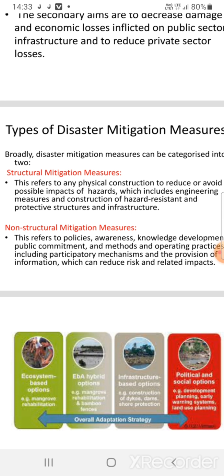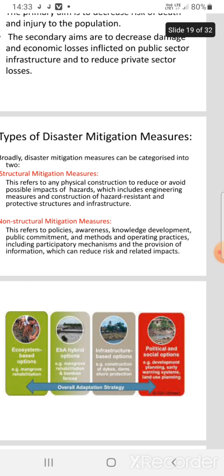Whereas non-structural mitigation measures involve policies, awareness, knowledge and development, public commitment, methods and operating practices, including participatory mechanisms that will involve public participation, provision of information, early warning systems, which can reduce risk and related impacts.